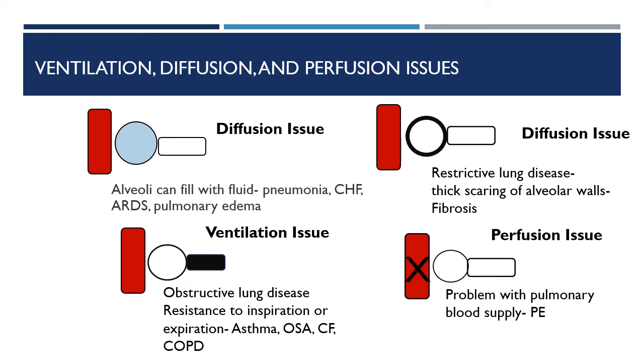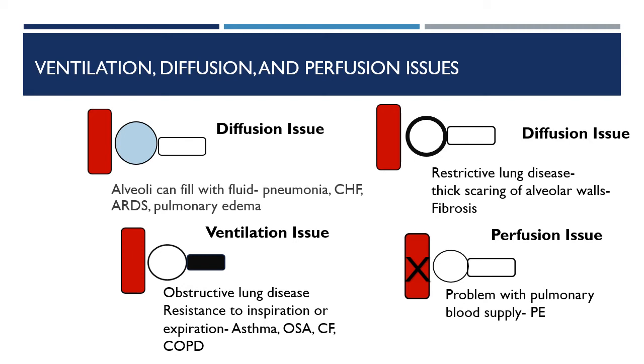The emphysema part is the destruction of the alveoli. The chronic bronchitis is the damaged bronchial tubes, typically from cigarette smoking or pollution. Okay, so all of those are examples of ventilation issues.